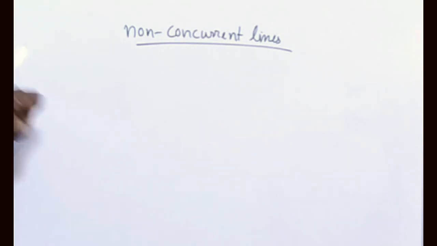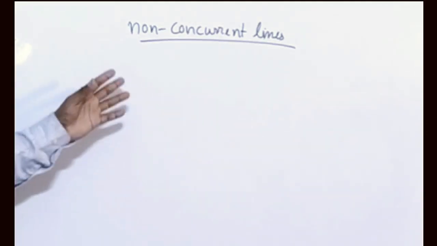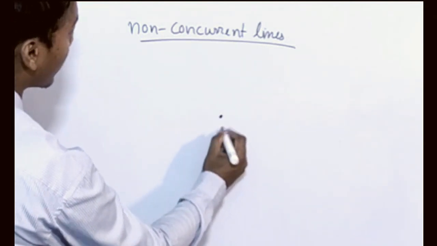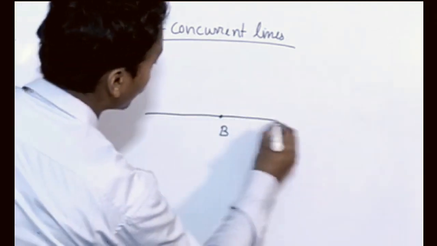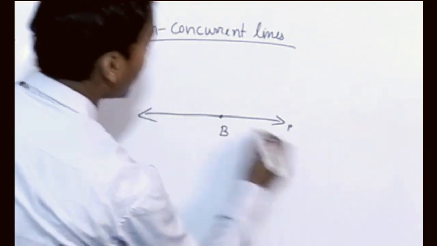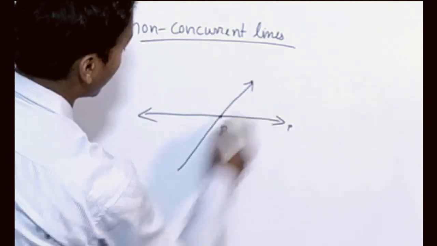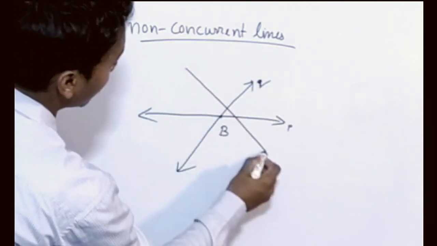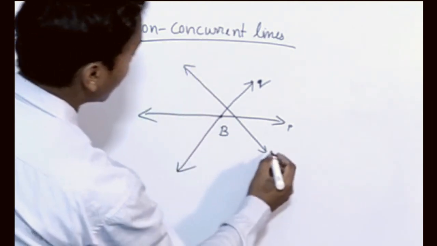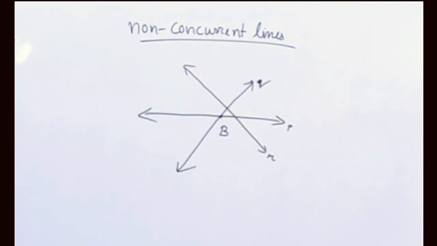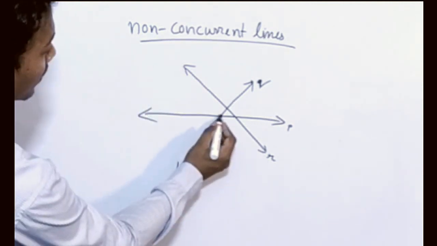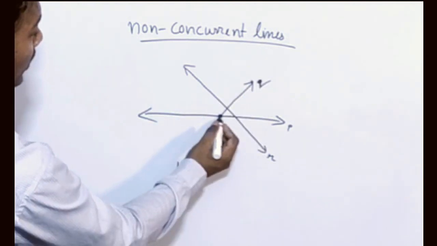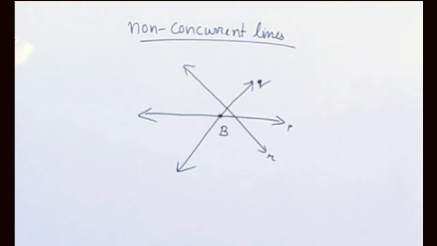Now let's understand non-concurrent lines. When we have 3 lines that do not intersect at one point, let's take this point as B. Here we have line P, line Q, and another line R. You see that line R is not passing through the common point B. Only P and Q have a common point B, but R is not intersecting through that point.